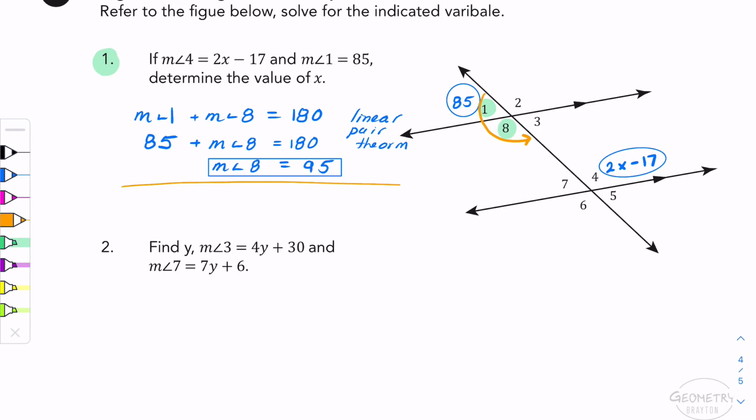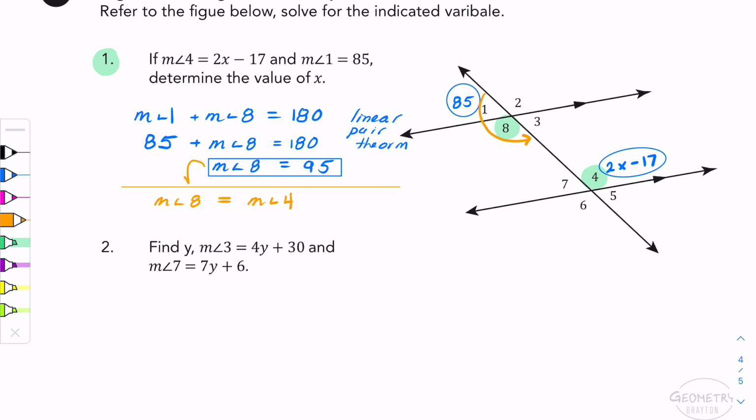Once I know the measure of angle 8, I also know that angle 8 and angle 4 are called alternate interior angles. And alternate interior angles, by the theorem, are equal. Now I know that the measure of angle 8 is equal to the measure of angle 4.